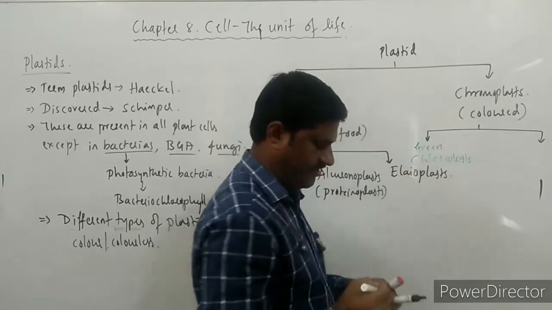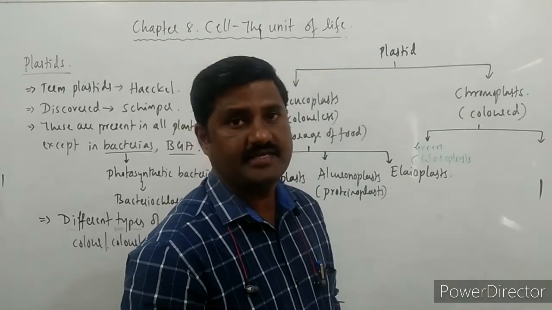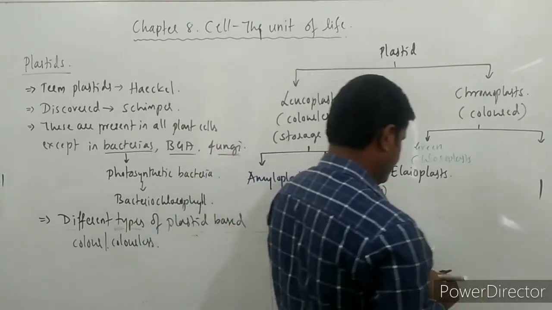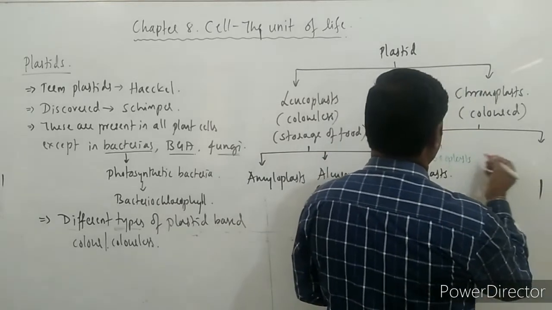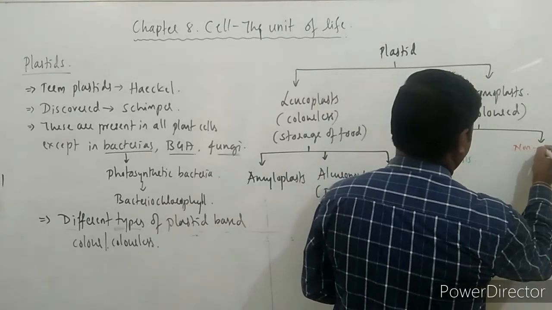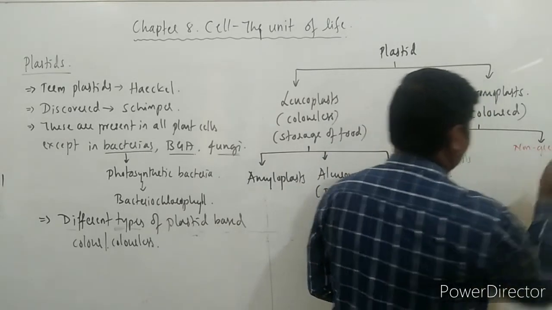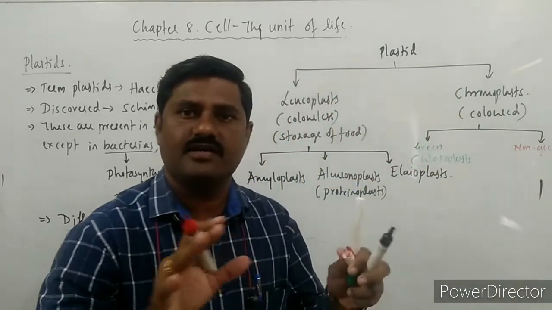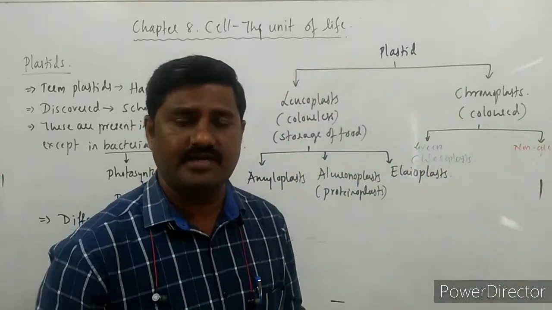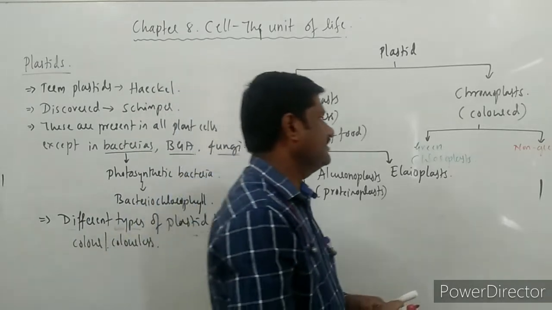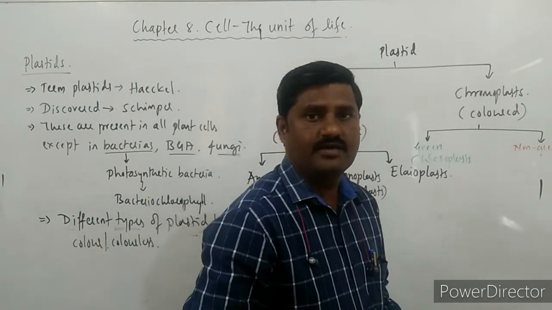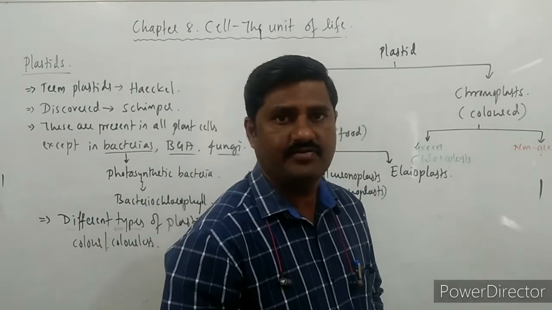Chloroplasts are one kind of plastid. And the next one is non-green plastids. These are not green in color, but they have a different color, right?